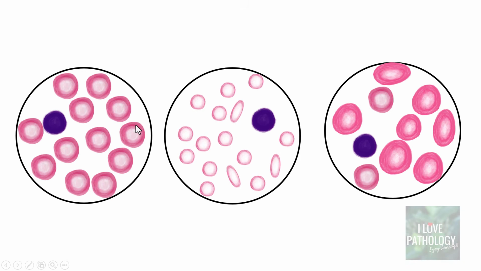So you have three different scenarios on peripheral blood smear examination. In the first one, you can easily make out that the size of the RBC is roughly equal to that of the nucleus of a small lymphocyte. Therefore, this is normocytic and normochromic, that is microcytic and hypochromic, and that is macrocytic.